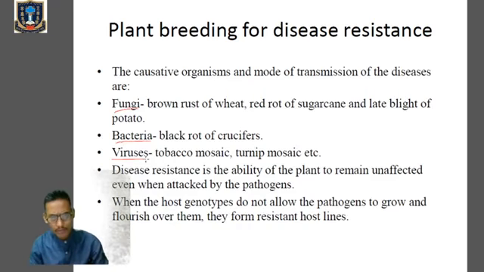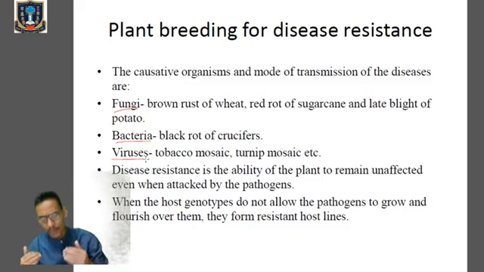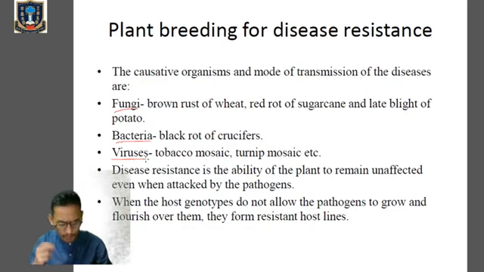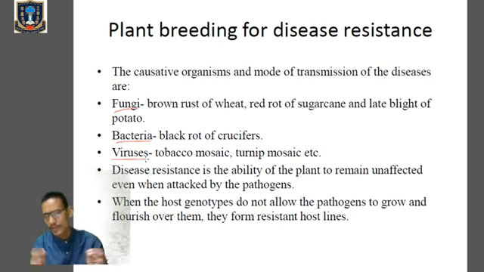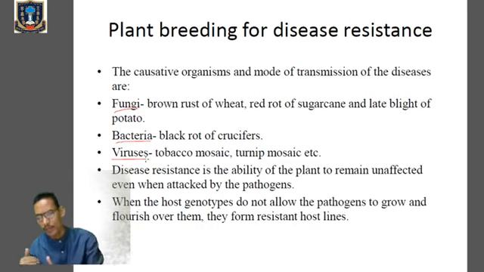So incorporation of disease resistance is the only means of developing preventive measures against diseases like viral diseases, or diseases caused by bacteria or fungi. So we have to incorporate the disease resistance property in the crop so that they can be free from the attack of these causative organisms or pathogens.